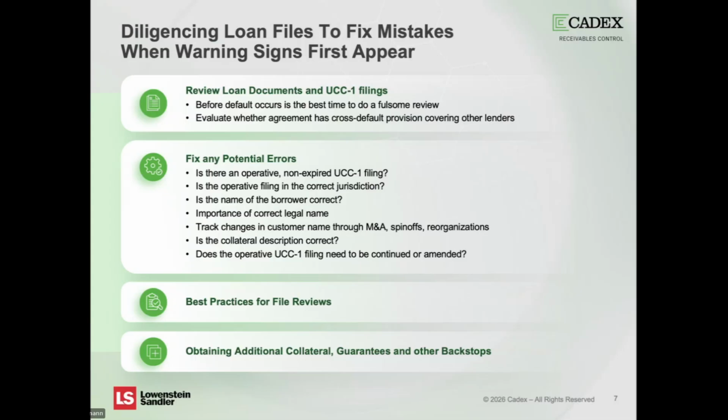The problem is too many times there are mistakes, especially in the UCC financing statements. By the way, Patrick mentioned a customer with a purchase money security interest. If the customer has a purchase money security interest from its vendors, not only must that vendor file a UCC, many times a PMSI vendor will not do that and they will have no security interest.